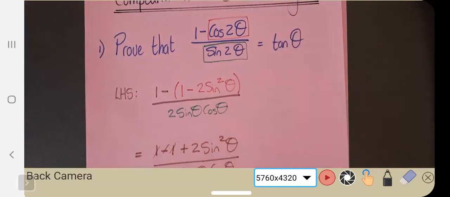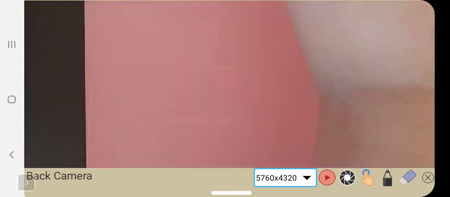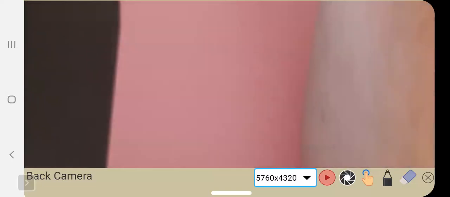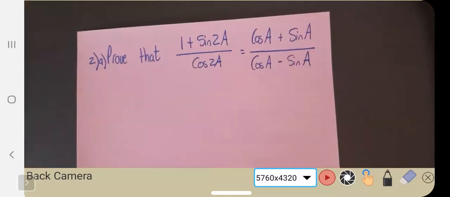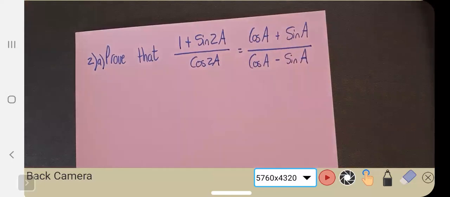Let's look at another example. Prove that this left-hand side equals that right-hand side. Again, let's start with the left-hand side.